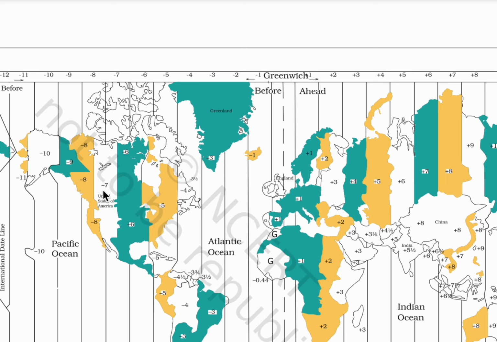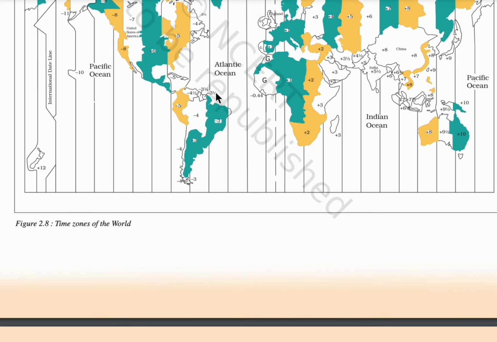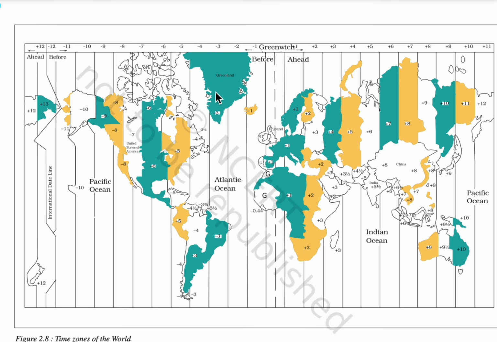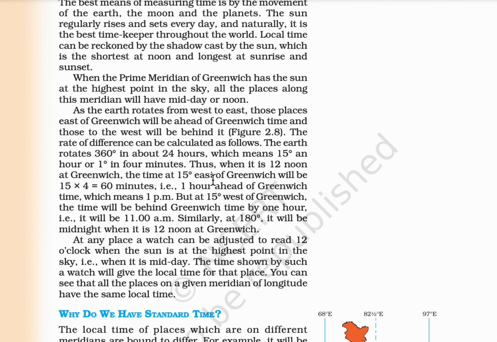So let's move to the concept of calculating time using degrees. Here in total we have 360 degrees and 24 hours. So for 15 degrees it is 1 hour. When you calculate 360 degrees in 24 hours, for 15 degrees it will be 1 hour.